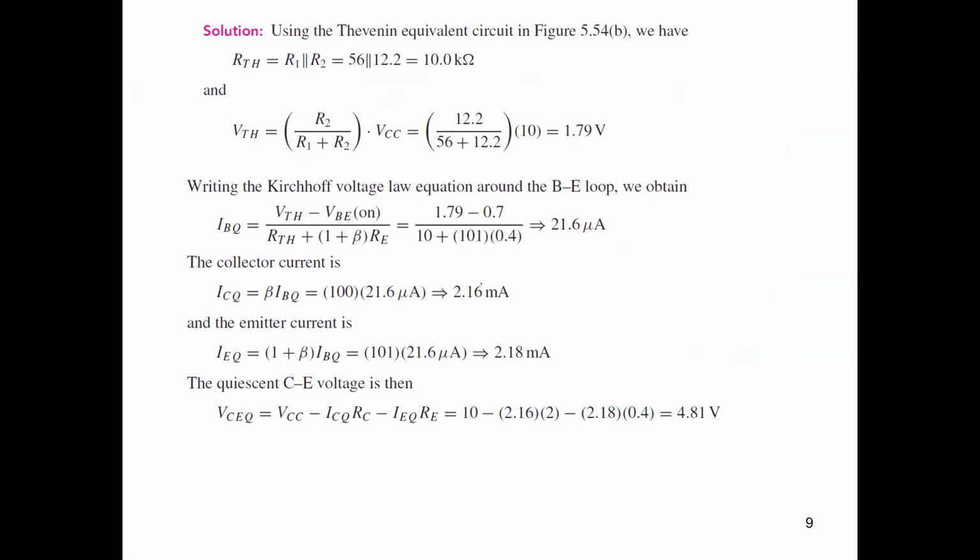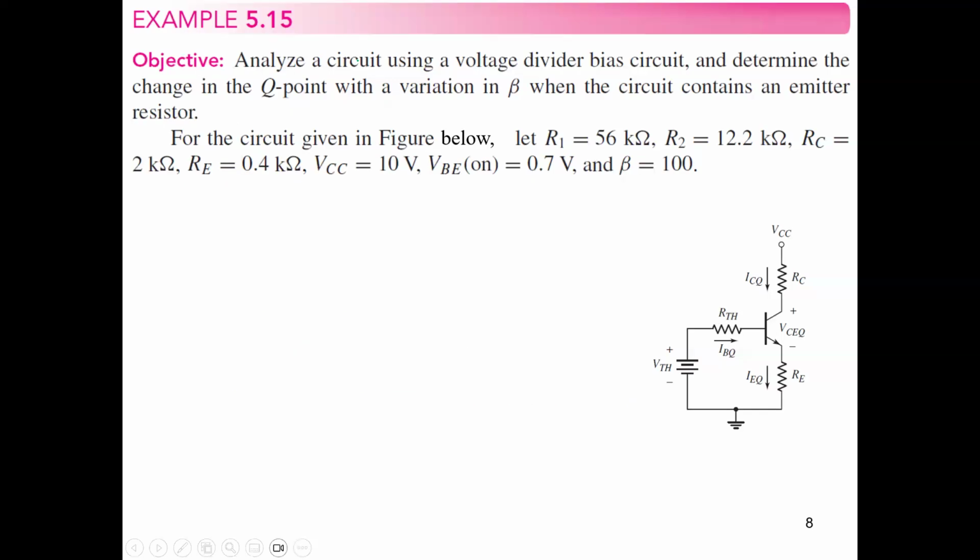We have R Thevenin, as we mentioned, R1 parallel R2. So this is going to be 56 in parallel with 12.2. So here we have all the values. Let me calculate firstly here, guys. R Thevenin equals R1 parallel R2, which is 12.2 kilo parallel R1, 56 kilos.